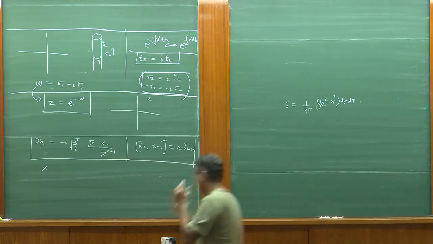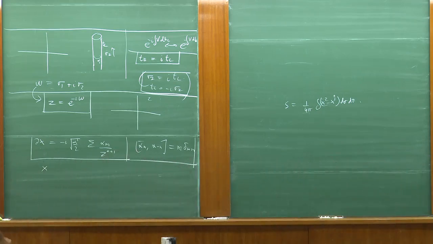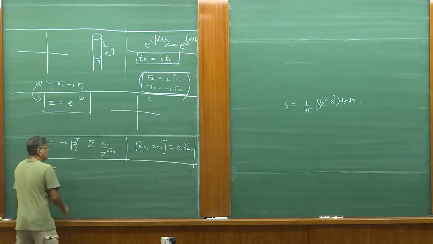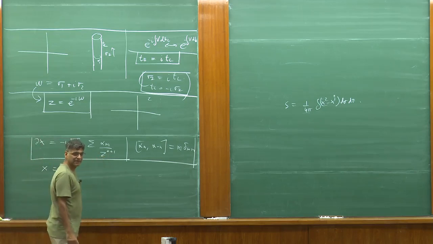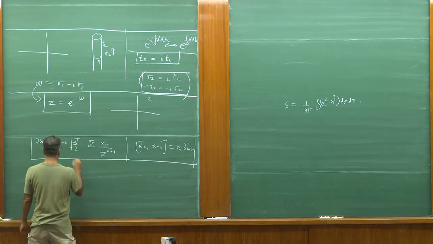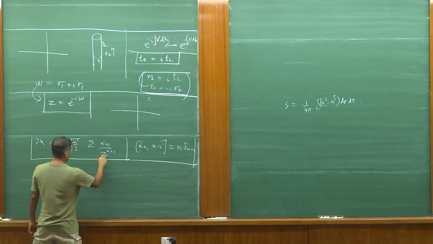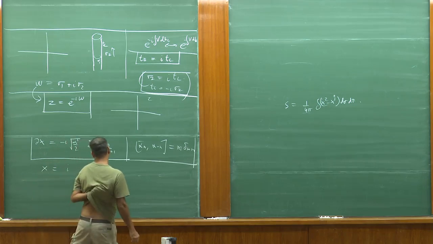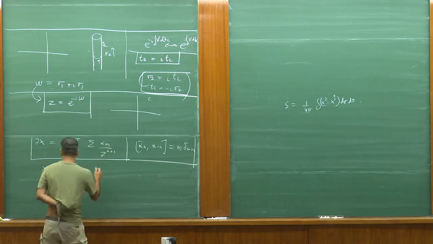So this expansion here is x equal to, and now we just integrate each of these terms. The minus goes away, and the integral of this is minus m.